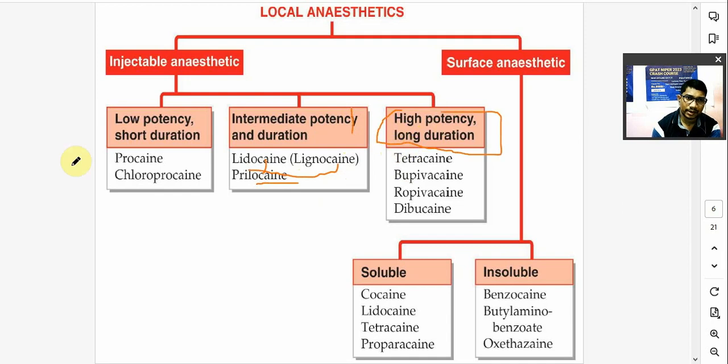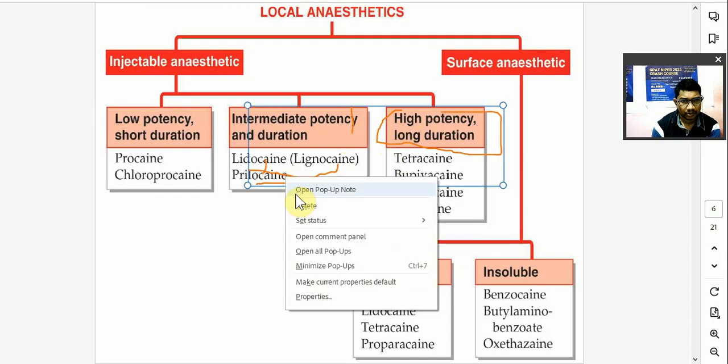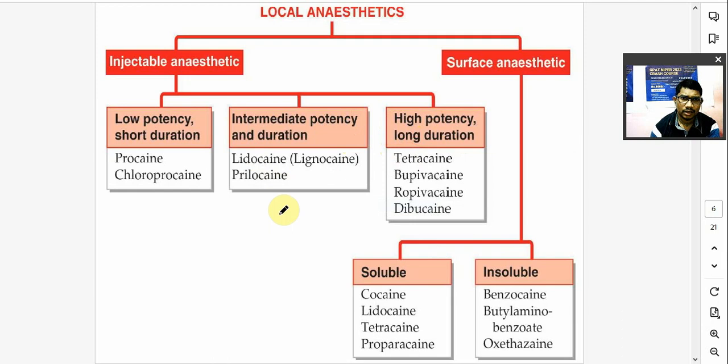Question इसके ऊपर आता है, एक दो बार already आ चुका है: which local anesthetic has long duration of action and high potency? उस टाइम पे option में tetracaine था. So tetracaine: high potency and long duration of action. Tetracaine, bupivacaine, ropivacaine, dibucaine.